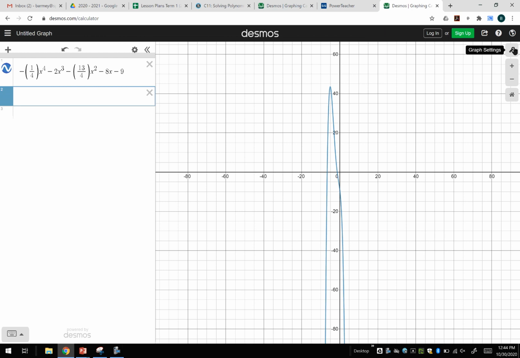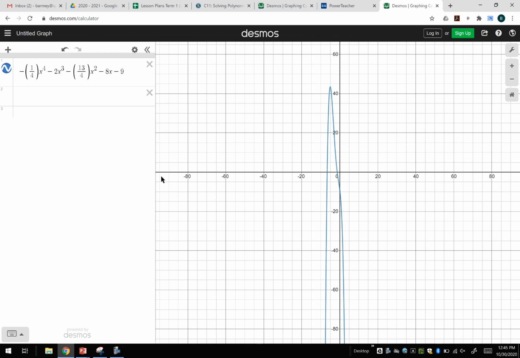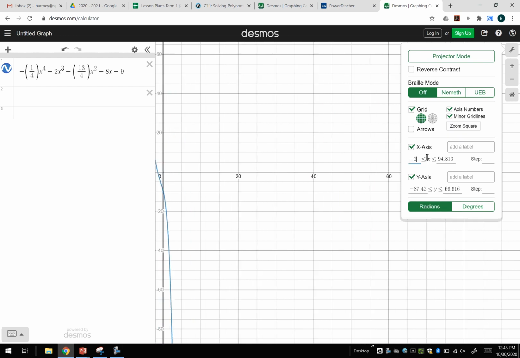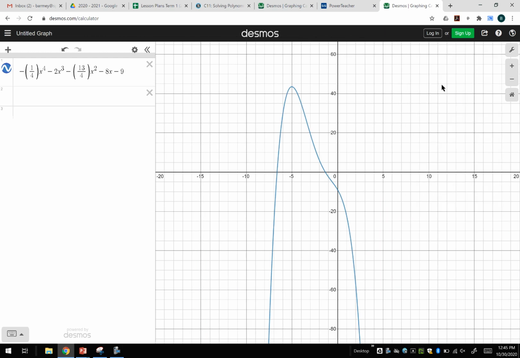So I'm going to restrict my X values. Right now on my graph, it's going from like a negative 100 to a positive 100. I'm going to change this to just say like negative 20 to a positive 20. And I can just see it a little bit better. Just kind of widens it out a little bit more.